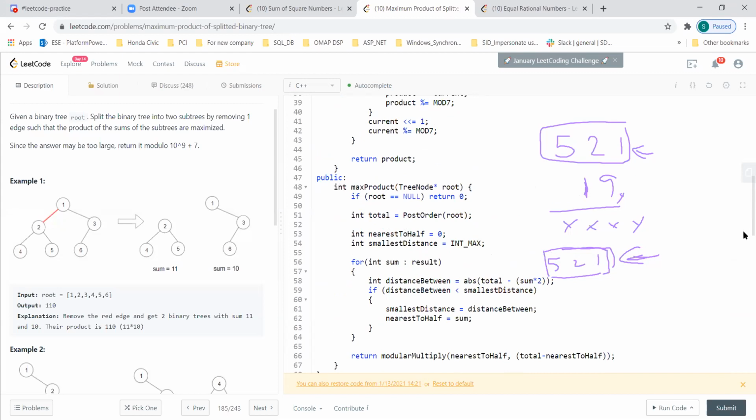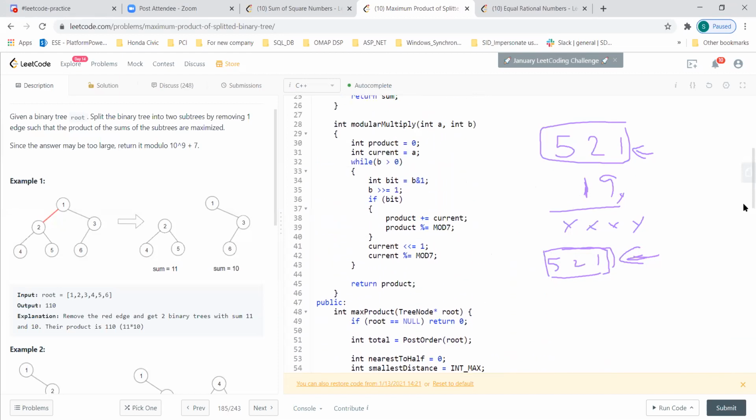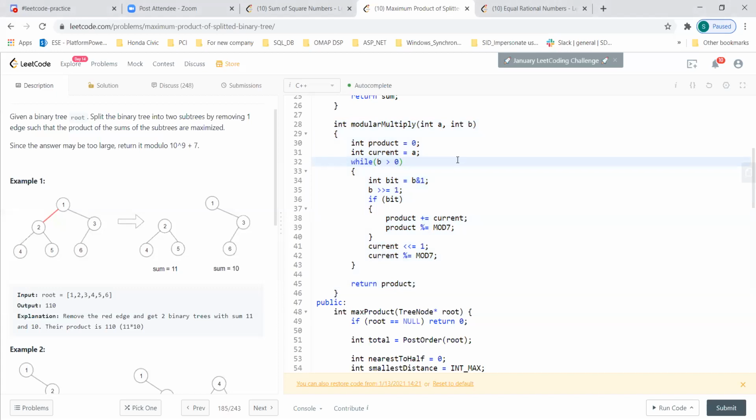And out of the whole thing, this modular multiplication was the one which was slightly different. So this is one way of multiplying if we are supposed to multiply only in 32 bits, so we don't exceed the bits.